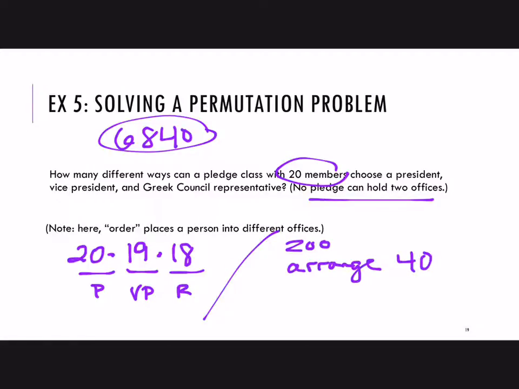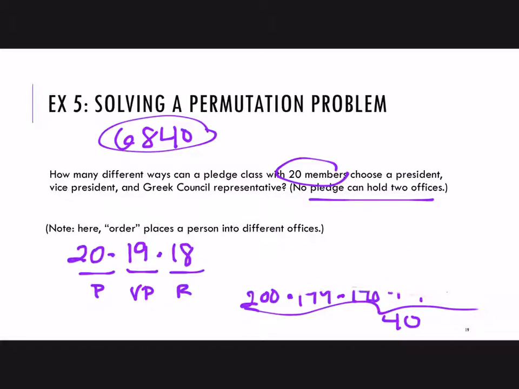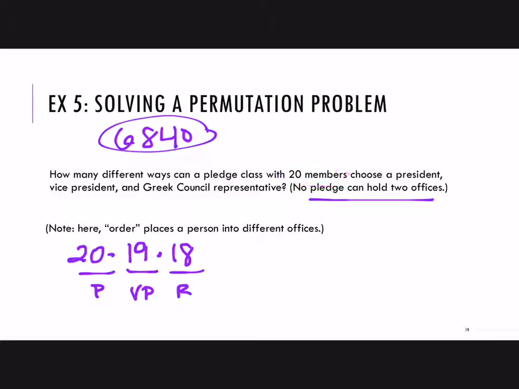What you'd have to do is sit there with a calculator, start with 200, and then multiply by 199, 198, 197, etc., and you would have to keep going for 40 different numbers. So that's a bit tedious, and it would be nice if we had a formula that worked all of this out for us, something that you could just punch into a calculator. So that's where we're going with this. Hang on to that example, 20 times 19 times 18, and we'll come back to that one.